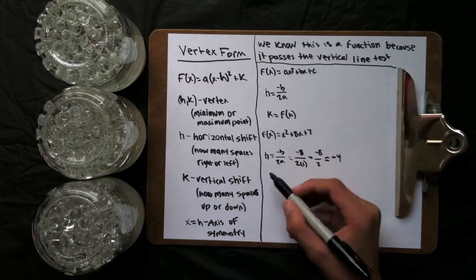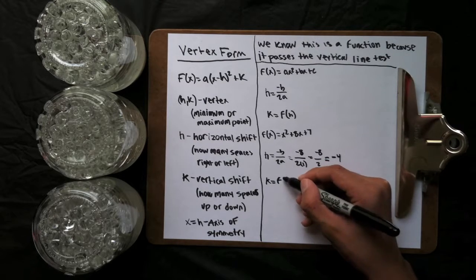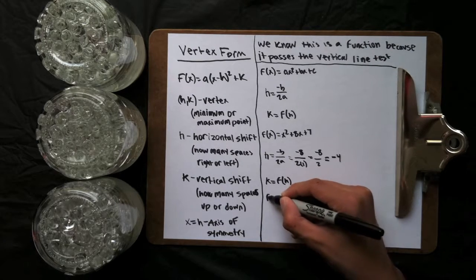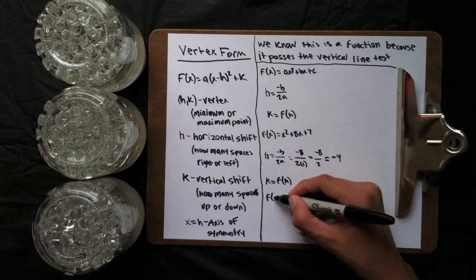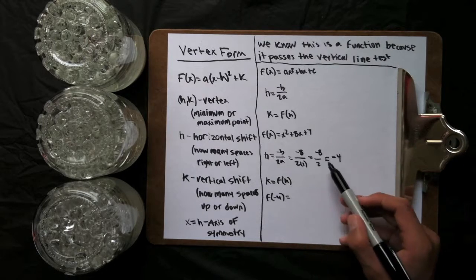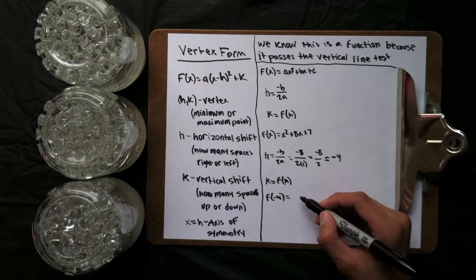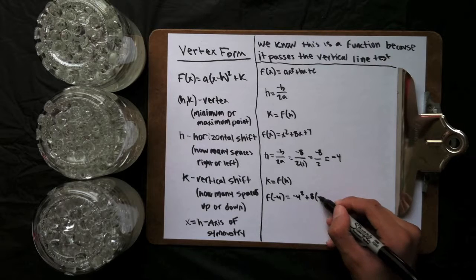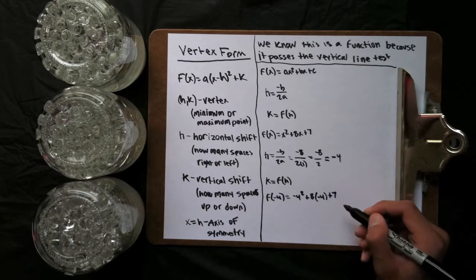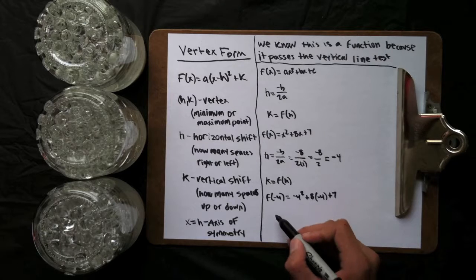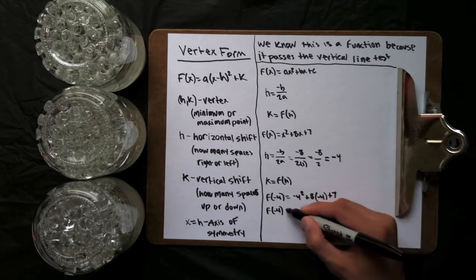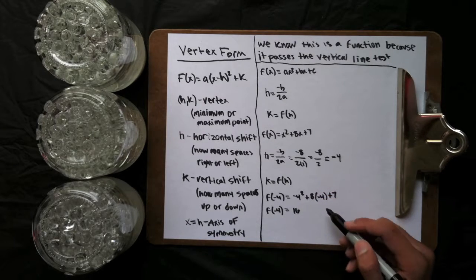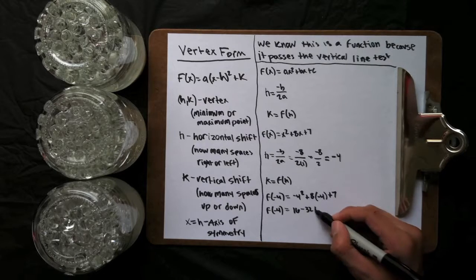Now for k equals f of h, and h is negative 4. So f of negative 4 equals, and we plug in negative 4 for x in the entire equation: negative 4 squared plus 8 times negative 4 plus 7. Let's simplify. Negative 4 squared is 16, and positive 8 multiplied by negative 4 gives minus 32, and plus 7.